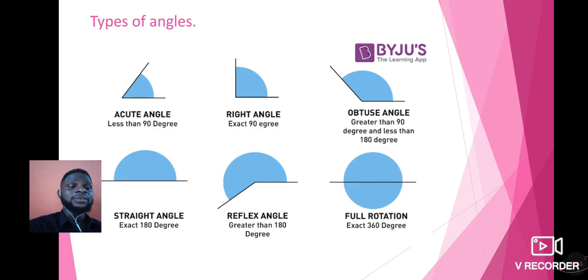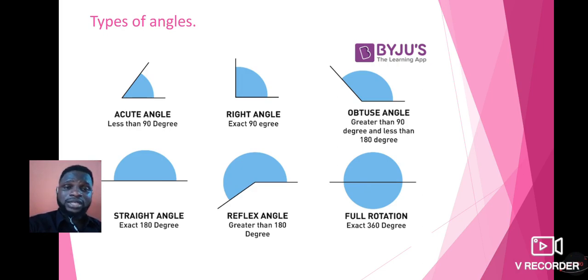We have different types of angles. We have the acute angle, that's angles less than 90 degrees. We have right angle, angle exactly 90 degrees. We have obtuse angle, angle greater than 90 degrees but less than 180.